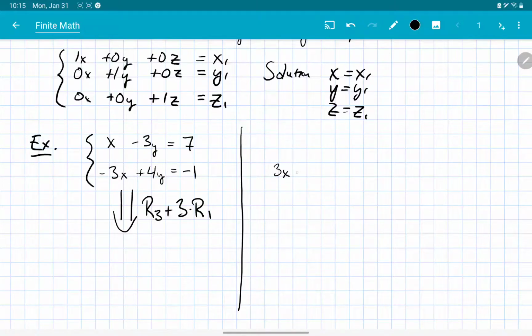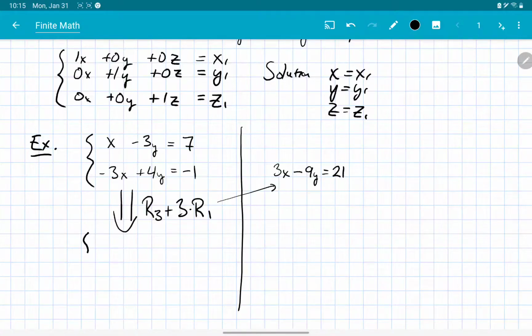So this is 3x minus 9y equals 21. That's 3 times row 1. I'm writing that down so that I see it right there and I can easily add it to equation 2. So I've multiplied row 1 by 3, and I have it there to refer to.